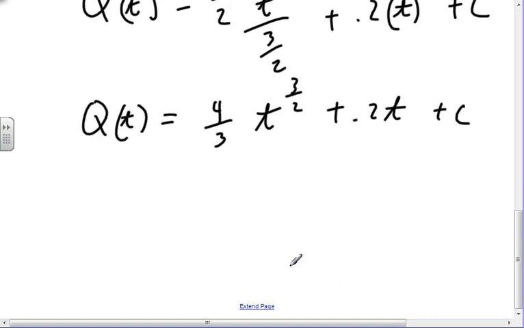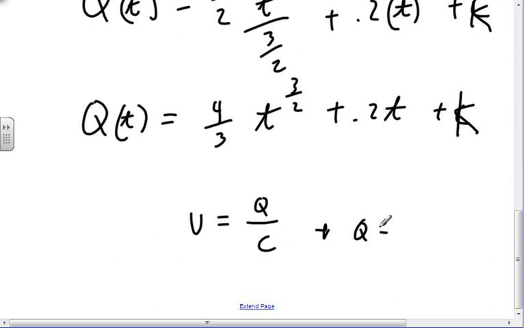Now, what is C? V is equal to Q over C. This C is different than that C, naturally. We'll change this to a K, because this is a constant of integration, not the capacitance. So I've got Q is going to be 100 times 10 to the minus 4th, which is 10 to the minus 2nd.